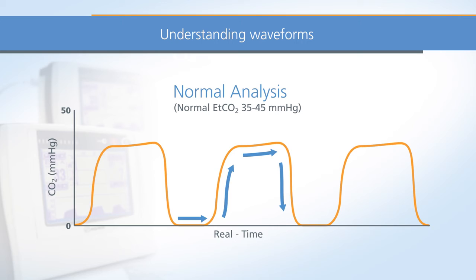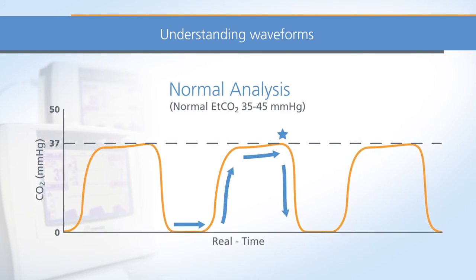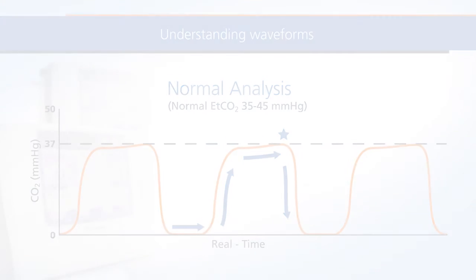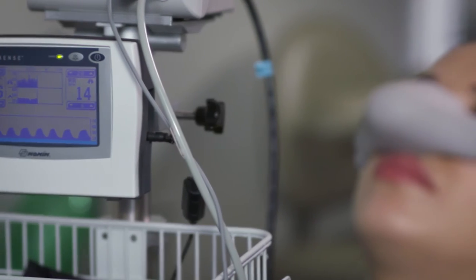The last point of exhalation, the end-tidal point, is where the CO2 is measured in the exhaled air and the respiration rate is calculated. The height of the waveform is scaled to represent the end-tidal CO2 value you see in the display.